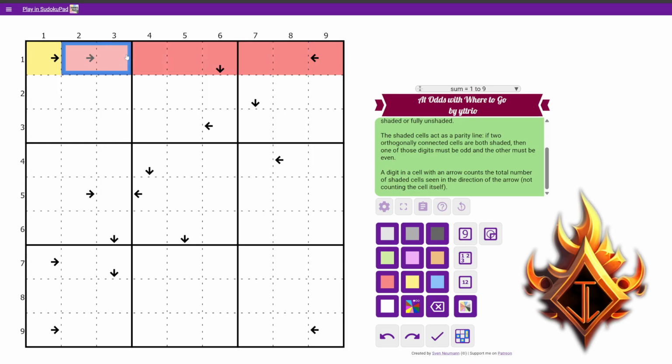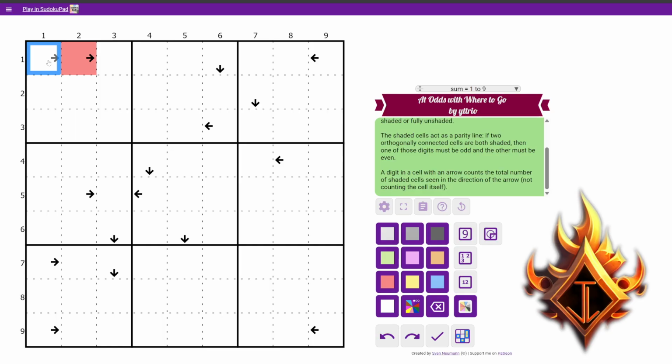The two that are pointing at each other must be the same, or must be opposite as well. So whatever these two are, this one has to be opposite. So my point is that this one has to be shaded, because these are either both shaded or this one, but this one cannot be unshaded.